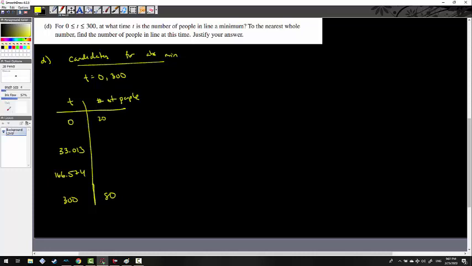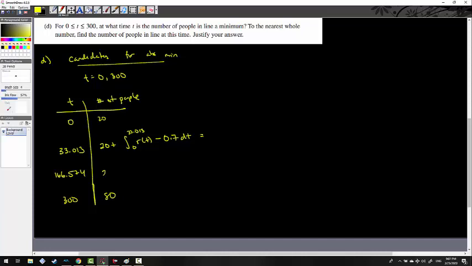So from here, this is going to be 20 plus the integral from 0 to 33.013 of, looks like, r of t minus 0.7 dt. And that's going to get me something.